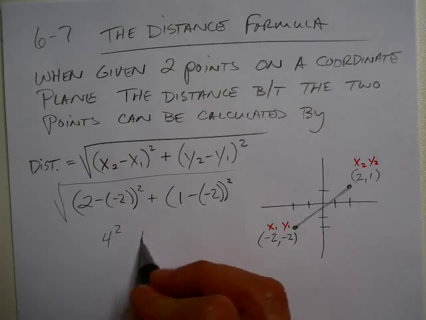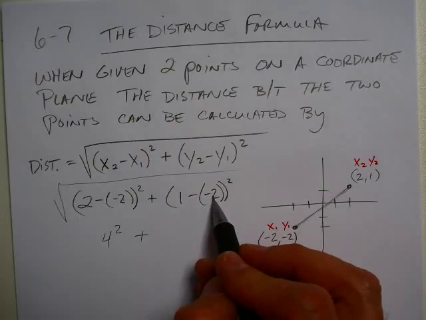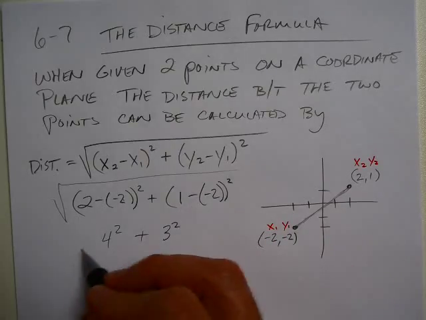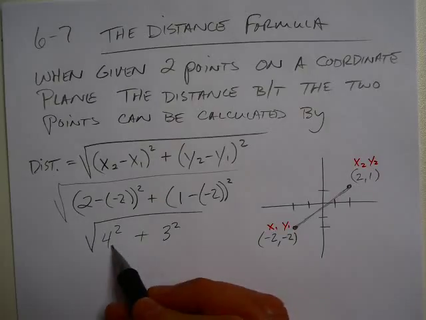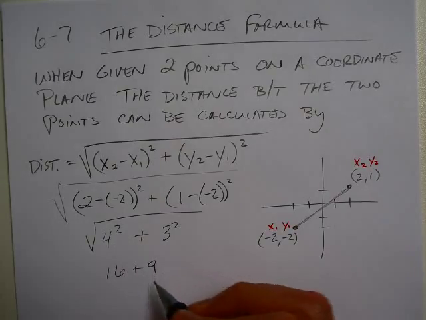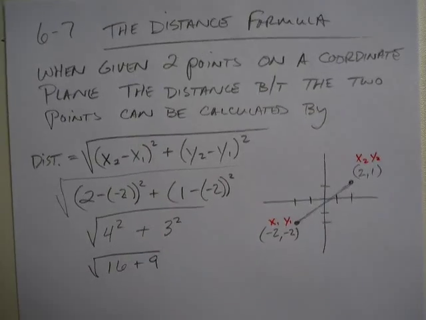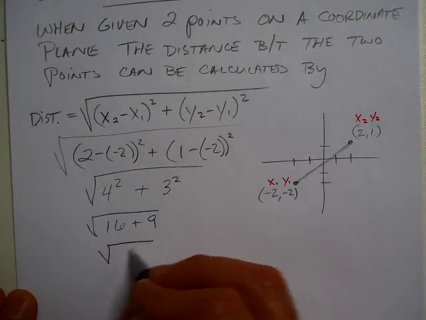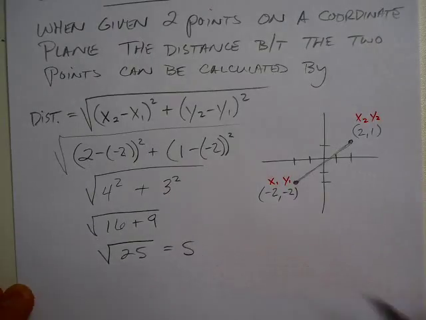And 1 plus 2 is 3 squared, right? Everybody okay with where I'm going with that? 4 squared is 16 plus 9. And if I keep working this down, I get the square root of 25, which is 5, right? So the distance here is 5. By the way, that formula is correct.